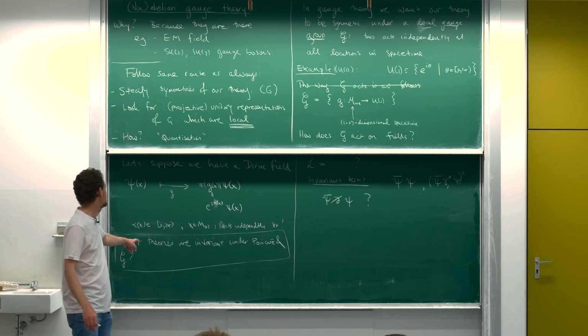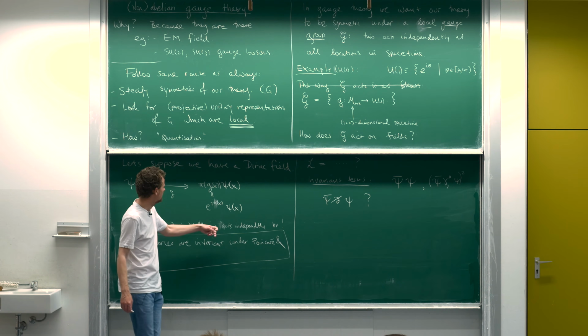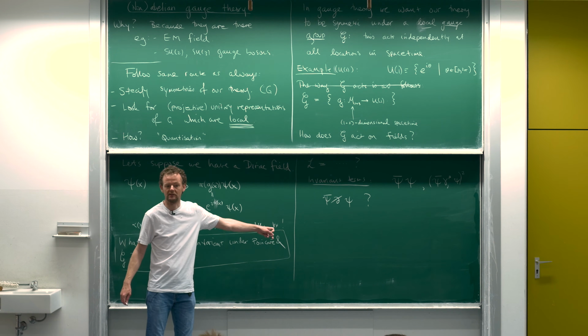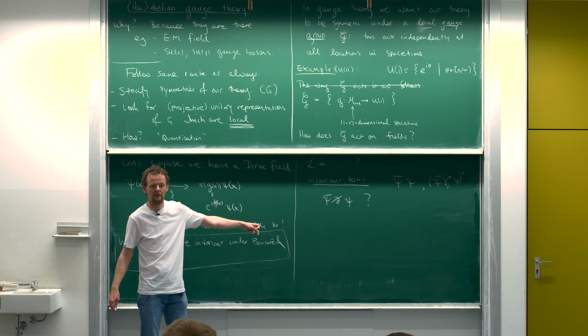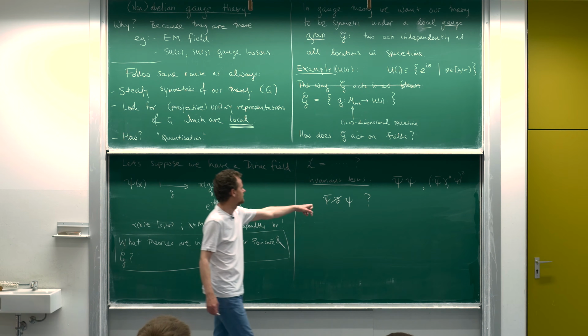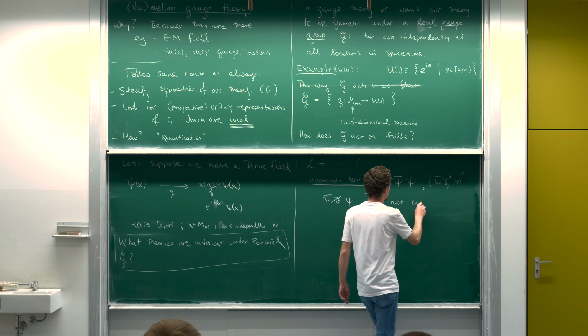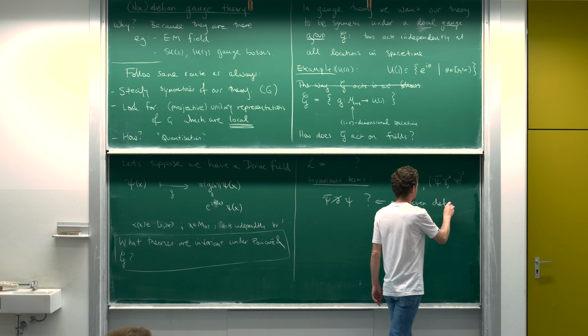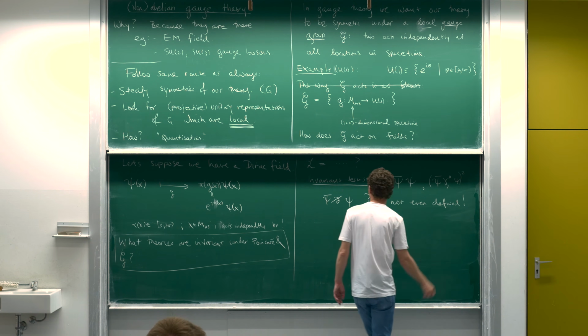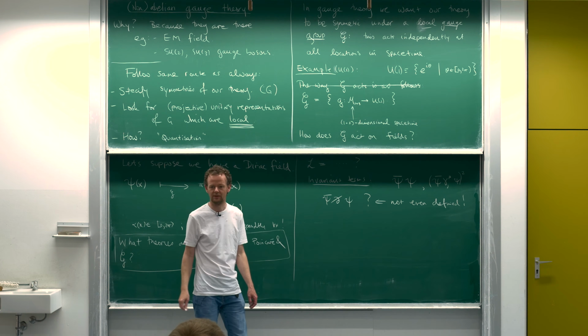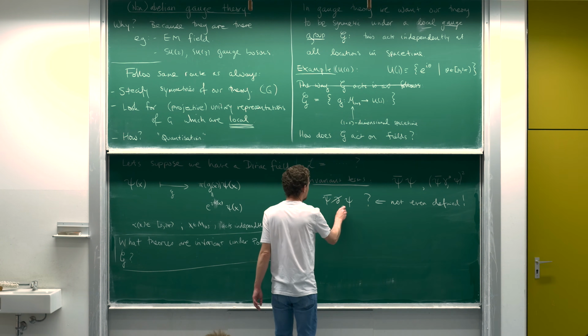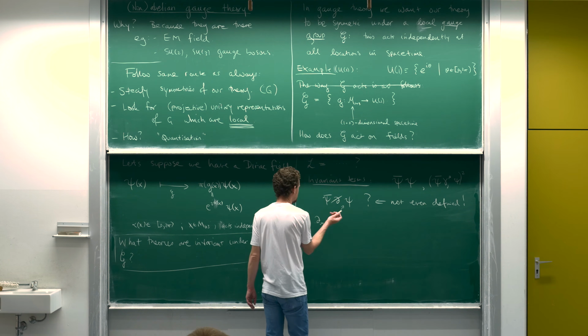And it's to do with the fact that this symmetry is acting independently for all x. So this thing here is not even well defined. And let's explain why it's not defined. Inside here, there's a derivative, d mu.